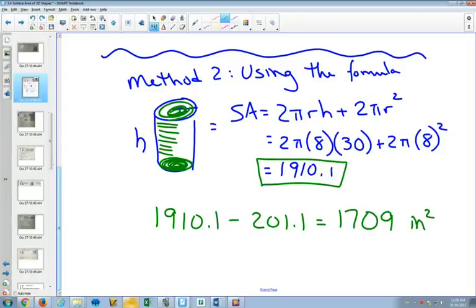So now our answer is basically the same as the answer we had before. The only difference is a decimal place, and that can happen because of our rounding that we did earlier.